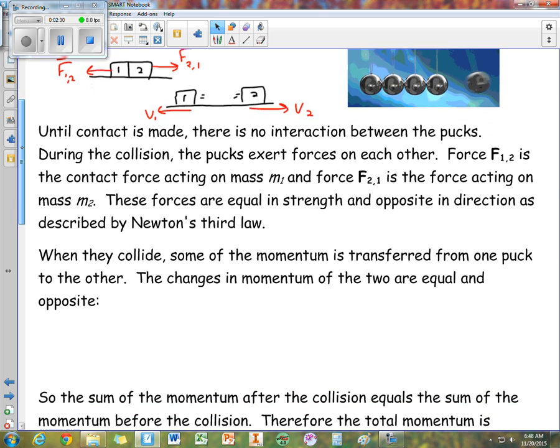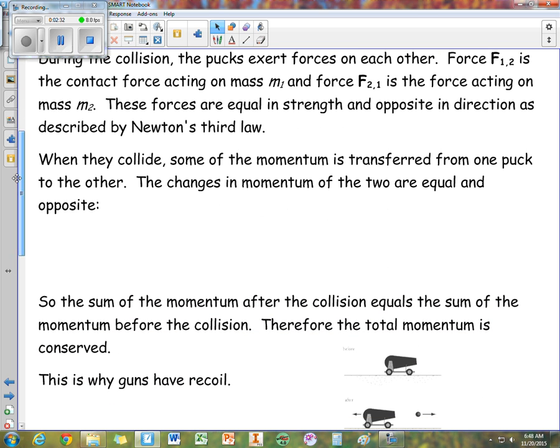Now, when they collide, momentum is transferred from one puck to the other. And the changes in momentum for the two pucks will be equal and opposite. So, in other words, the change in momentum for puck 1 will equal the negative change in momentum for puck 2. That's our law of conservation of momentum right there. So let's do a little bit of algebra with this.